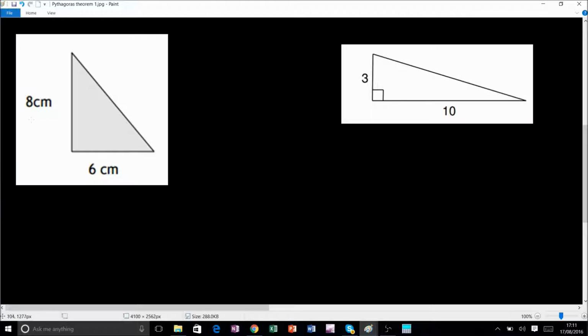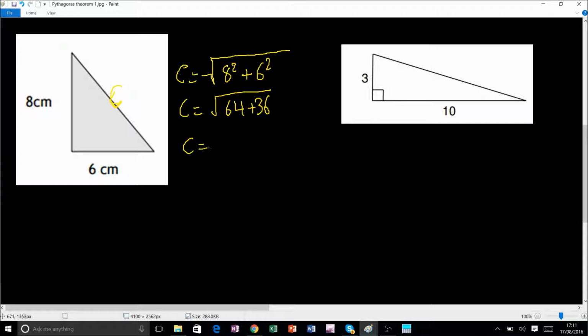Down here you've got the 2 short sides of 8 centimeters and 6 centimeters. So without further ado, let's do it. Let's call this C, which is our longest side. C is equal to the square root of 8 squared plus 6 squared, so C is equal to the square root of 64 plus 36, which gives us 100.